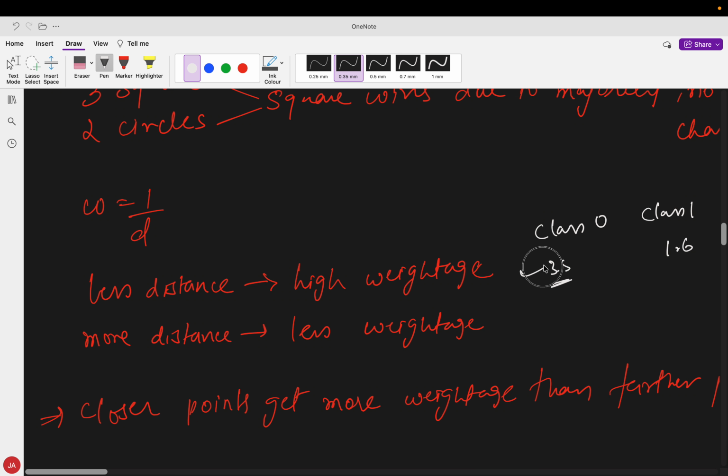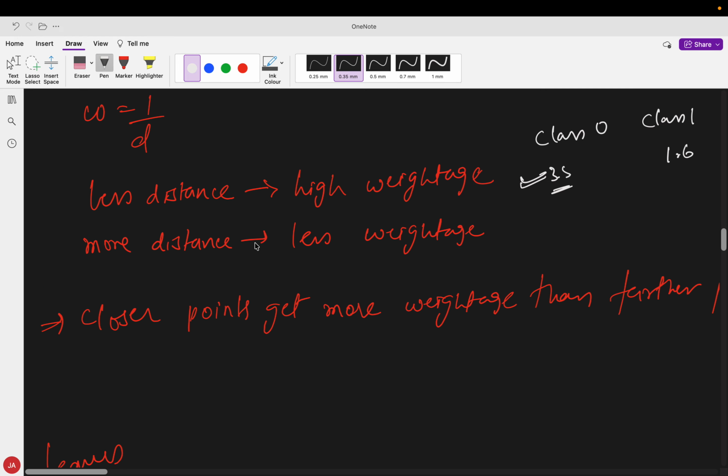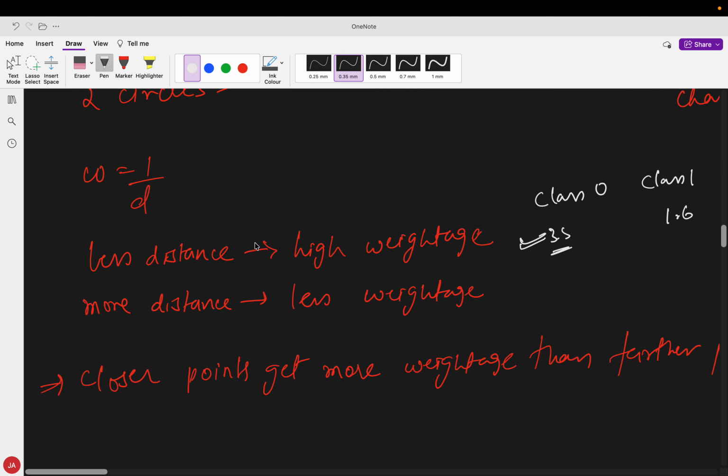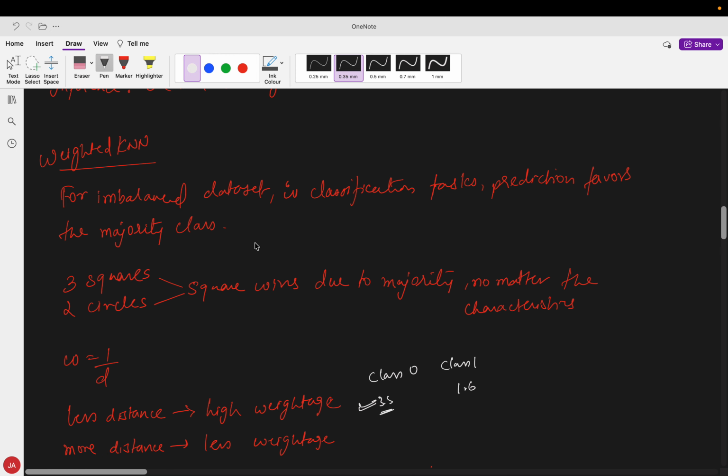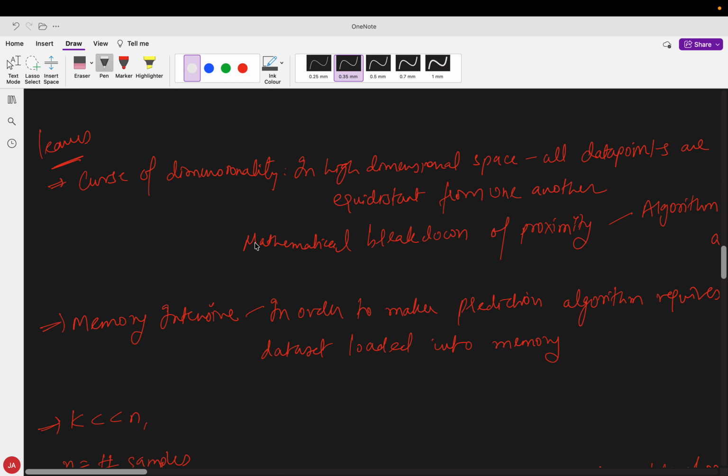So we go with class 0. No matter the number of samples, we only want the calculated weights, no matter majority or minority, right? The closer points get more weightage than farther points. That's the entire point of weighted KNN.